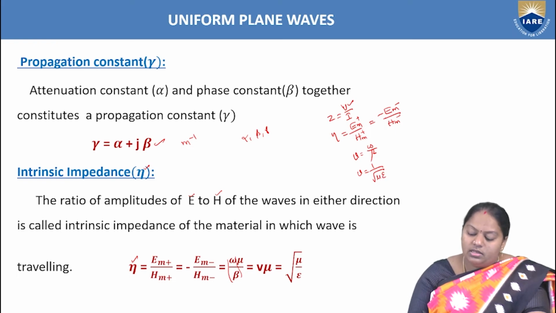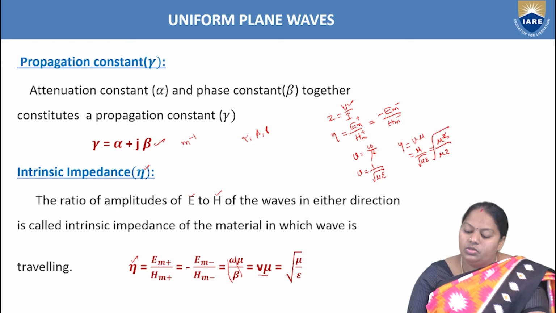So eta equal to velocity into mu. If you substitute velocity by 1 by root of mu epsilon, it becomes root of mu square by mu epsilon. Mu square and mu get cancelled, giving mu by epsilon. So eta equal to root of mu by epsilon.